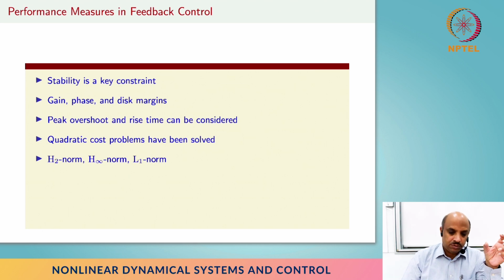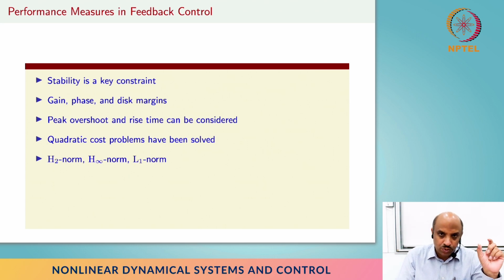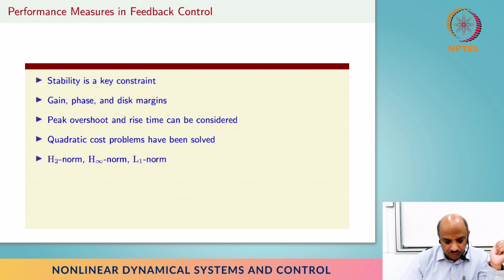It is a specific norm on the MIMO transfer function. And to give an intuitive meaning, it is related to impulse response. It's related to the response of a system to some kind of white noise disturbance, right?